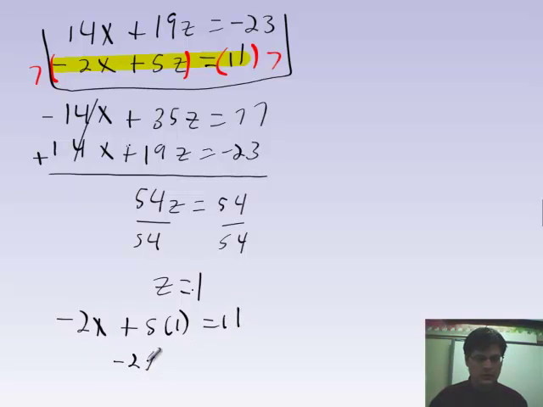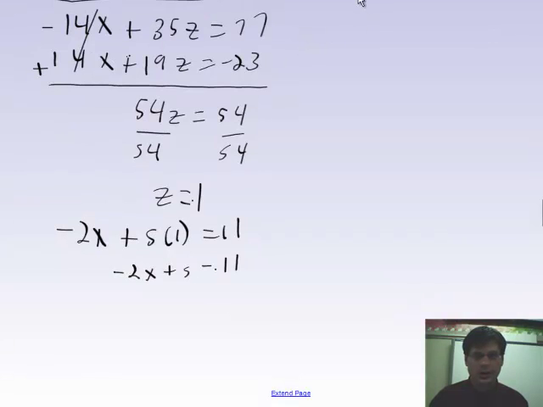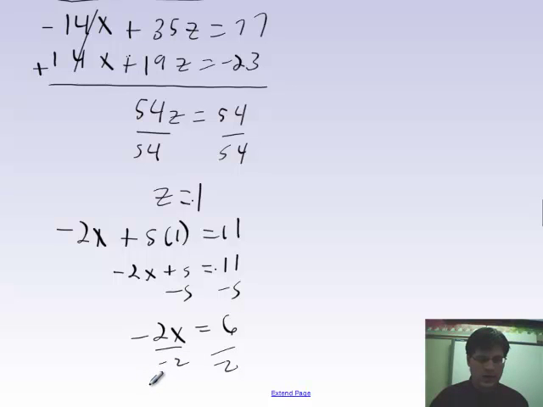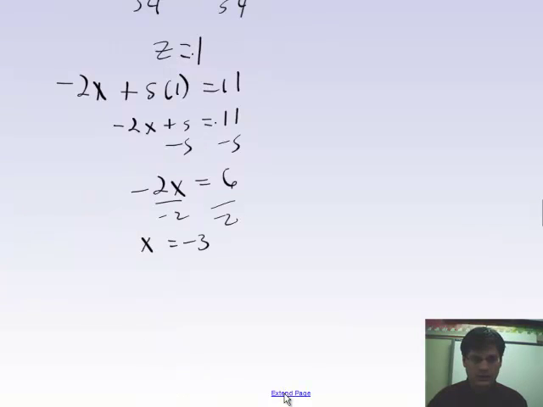So that's negative 2x plus 5 equals 11. We subtract 5 here and subtract 5 here. So negative 2x is equal to 6. Divide by negative 2, and we'll have x is equal to negative 3.